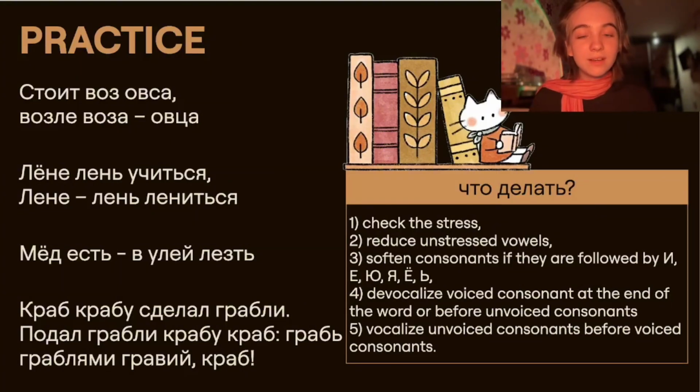Also, we have a devoiced b in the word грабь. As you see, it's a soft sign at the end of the word, that's why we pronounce b as p. Also, we can observe that we pronounce ya as i in the word граблями. And the last time, краб крабу сделал грабли, подал грабли крабу краб. Грабь граблями, гравий краб. Very well done.